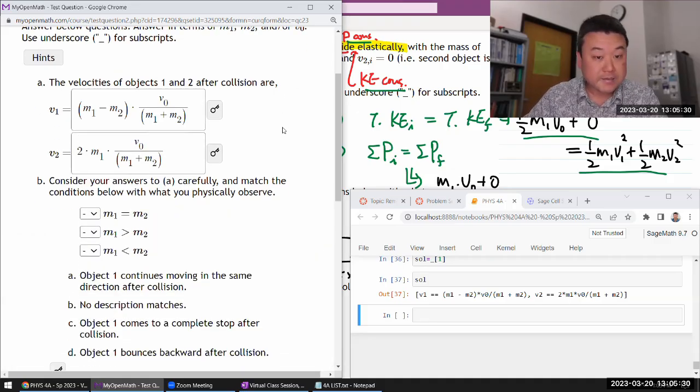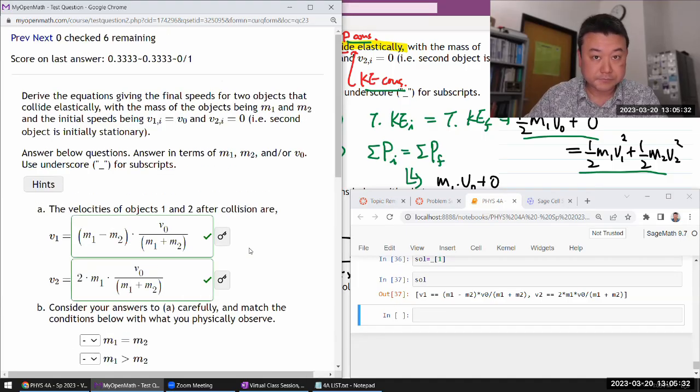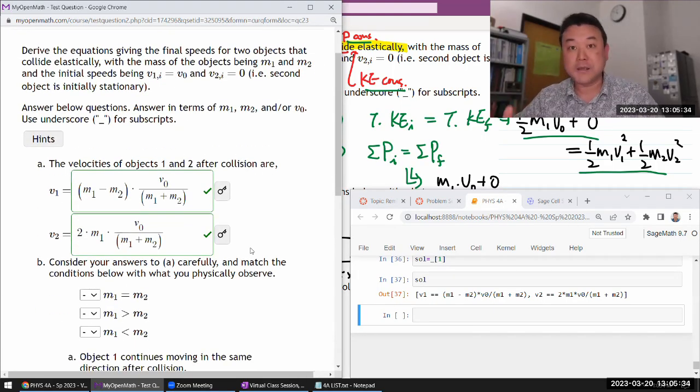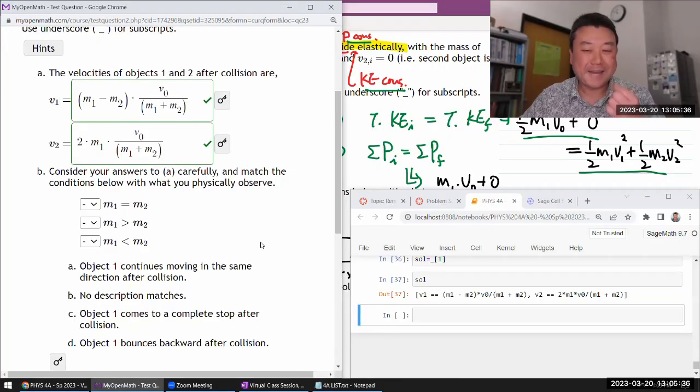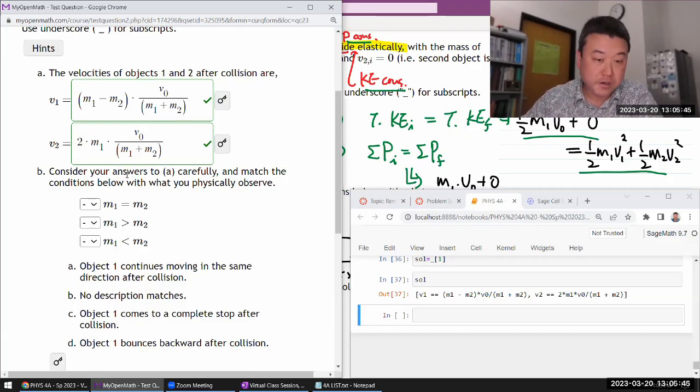Interesting. All right, let's see if they are correct answers. Yep, they are correct. Good. And again, if I were doing this by hand, it would have taken me another 10, 15 minutes, or maybe 20, I don't know. So it says, consider your answers carefully and match the conditions below with what you physically observe.